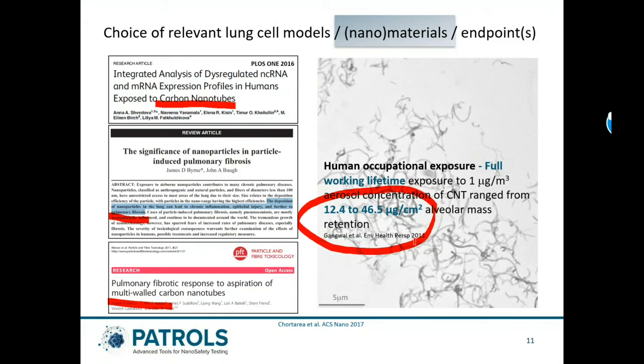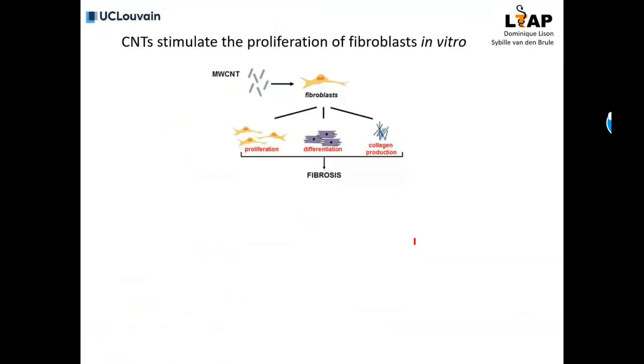in order to avoid overload situations. Let me briefly show you a slide from collaborators in PETA, which is Dominique Lison and Sybille van den Brûle. They have already published some years ago fibroblast in vitro assays to predict the onset of fibrotic response upon exposure to carbon nanotubes.